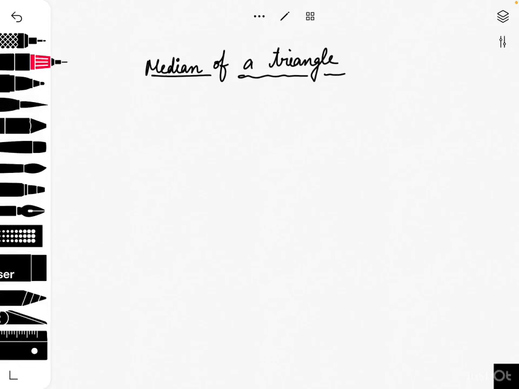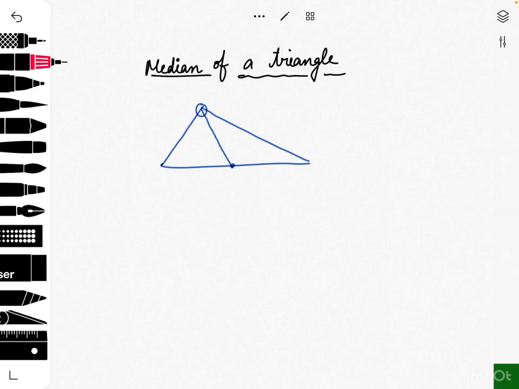So in my last video we discussed the height of a triangle, and today we will discuss the median of a triangle. Suppose again I am drawing one more triangle. A median is a line segment which joins one vertex of the triangle to the midpoint of the opposite side. Suppose I am drawing the triangle ABC.